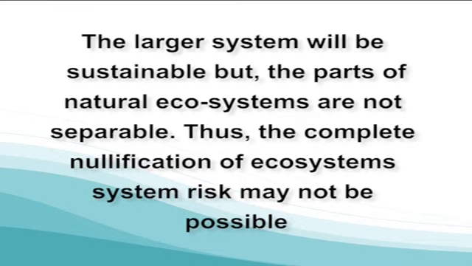If risk to sustainability arising at one level of aggregation can be countered at some higher level, the larger system will be sustainable, but the parts of natural ecosystems are not separable. Thus, the complete nullification of ecosystem risk may not be possible.